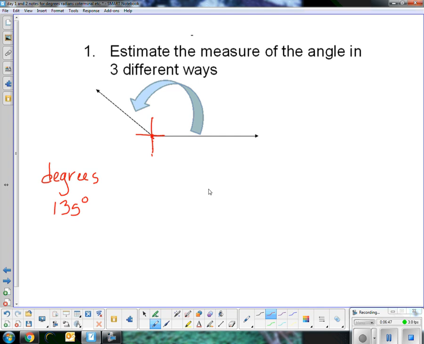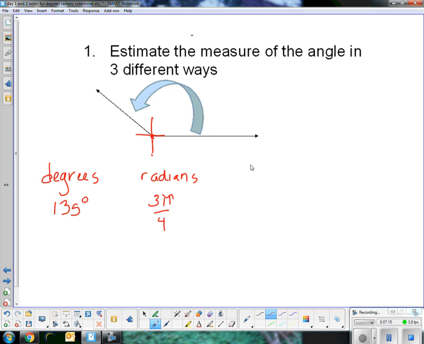If I wanted to look at that in terms of radians, I could either do it as a multiple of pi or as a decimal. If I were doing it as a multiple of pi, I know that from here to here would be pi over 2, and this would be pi. So halfway between a half a pi and a whole pi would maybe be 3 pi over 4.